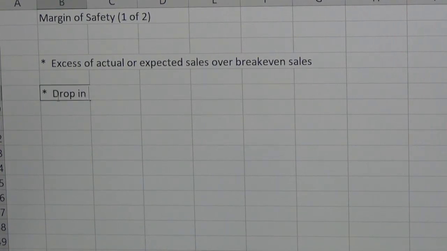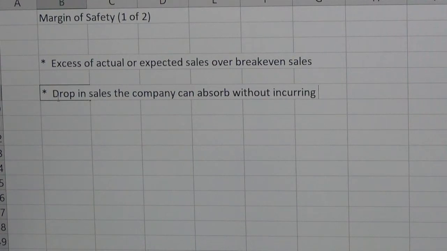So it's the drop in sales the company can absorb without incurring a loss. So if our anticipated sales are $100,000 and we know that our break-even point is at $75,000, then the difference between the 100 expected and the break-even point of 75, that difference is $25,000. That's going to be considered our margin of safety.